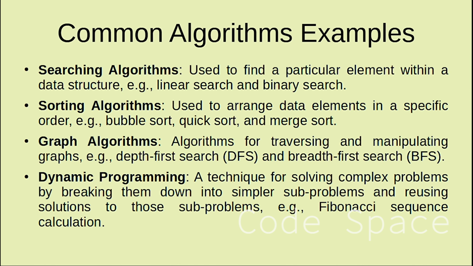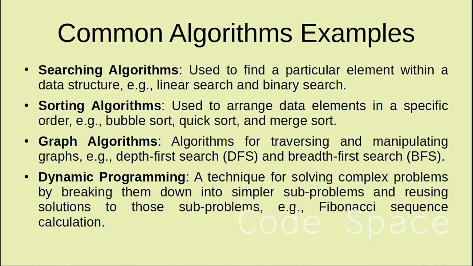Okay, let's see some examples. The common algorithm examples are searching algorithms. For example, we have linear search or binary search, where data is stored maybe in a linked list or array, which is a data structure.